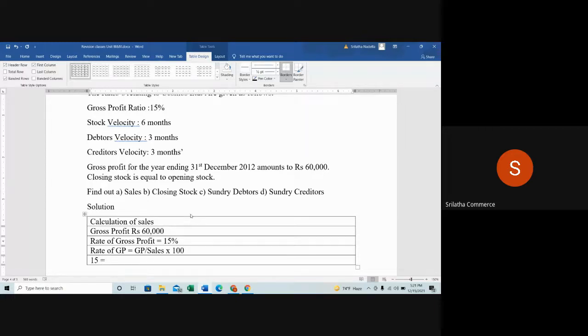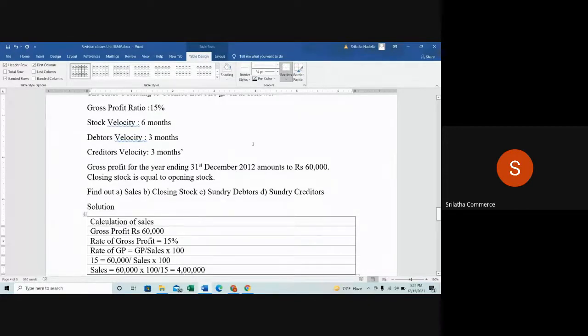Gross profit is 60,000 divided by X. That is, I'll write sales only. Sales into 100. So calculate. Sales is equal to 60,000 into 100 divided by 15 is equal to how much? Calculate. 4 lakh. Yes, sales is equal to 4 lakhs.